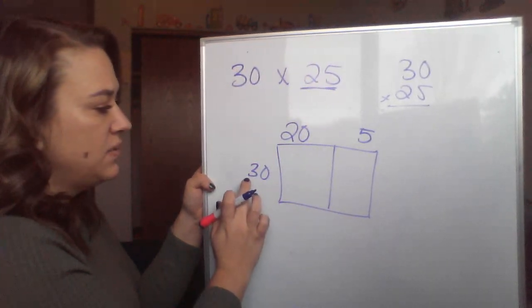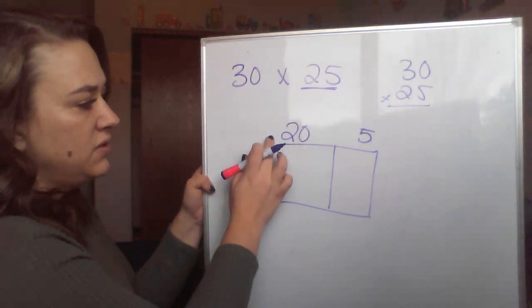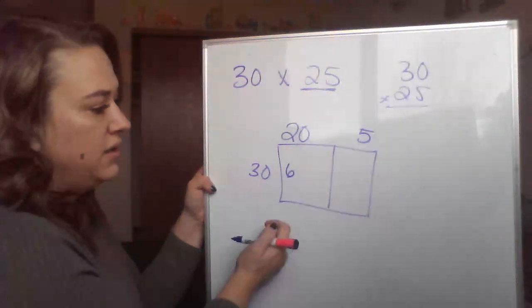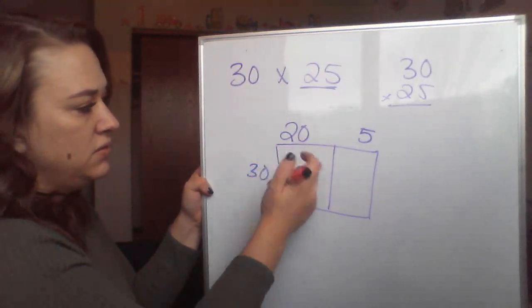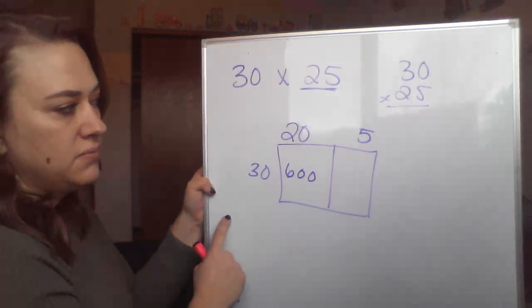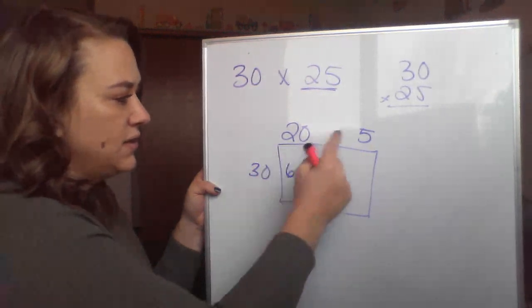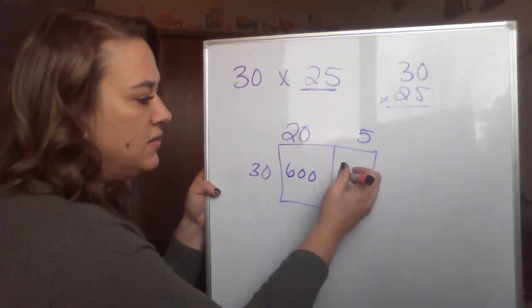Okay, so for this one, I'm going to take 30 times 20, but I'm going to think 3 times 2 gives me 6. And I need to add 2 zeros. So 30 times 20 is 600. Okay. And then if I take 30 times 5, well, 3 times 5 is 15.